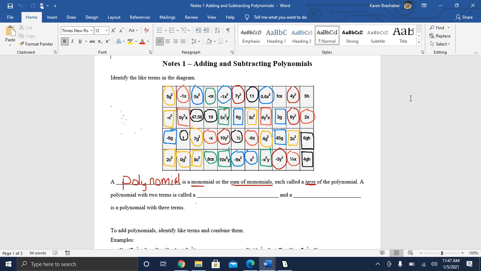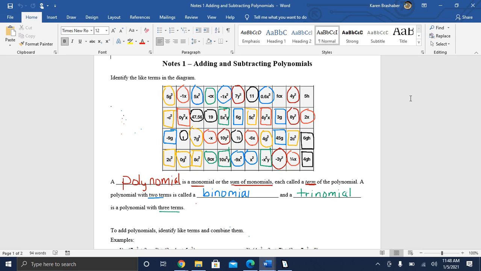Two types of polynomials that have special names: something with two terms would be called a binomial, and something with three terms would be called a trinomial. And beyond that, we just refer to polynomials.